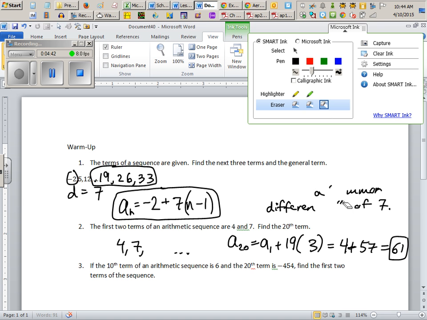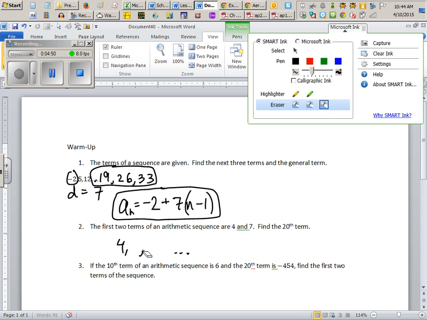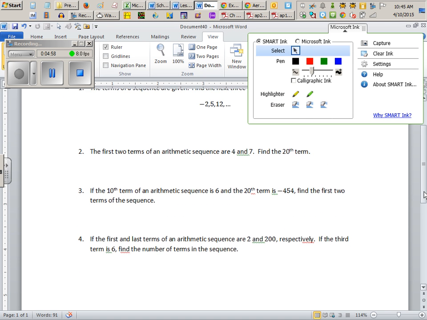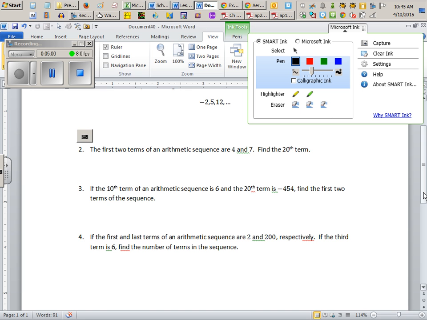I added 6 and negative 454. Okay, you added 6 and negative 454. Yeah. Okay, what'd you get? And I got 460. And then I figured that there's 10 spaces in between the 10th and the 20th.